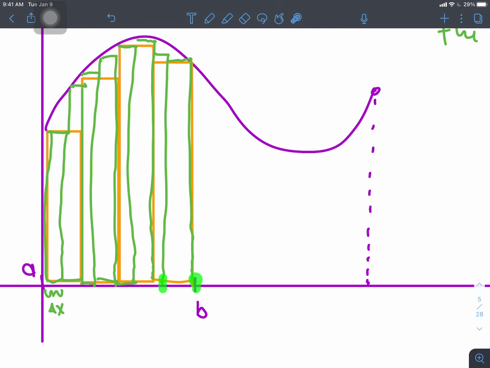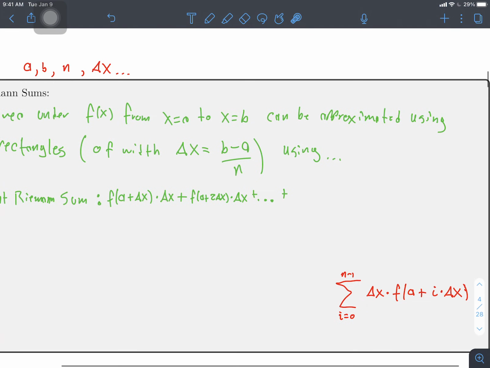So if I take the last subinterval, I know that the height of that rectangle is going to be, again, the height of the function on the right side of that subinterval, which is what I get when I plug b into the function. So I get a bunch of intermediate terms, and then finally the last one will be f of b times delta x.